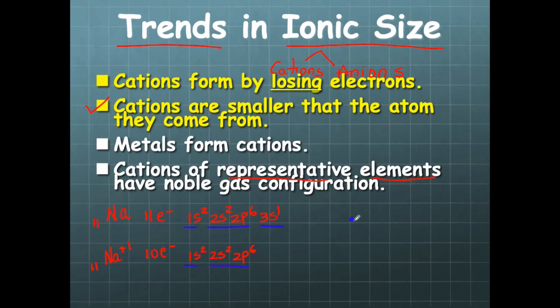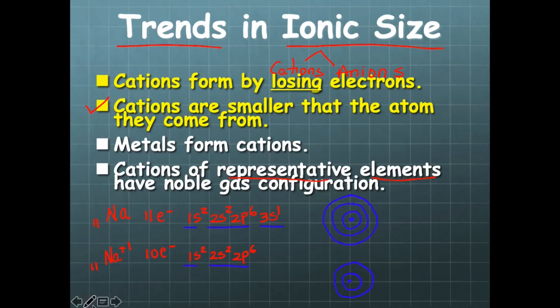We have the nucleus in the center, and then we have the first energy level, and then the second energy level, and then the third energy level for this atom. For this ion, we have the nucleus in the center, and then the first energy level, and then the second energy level.